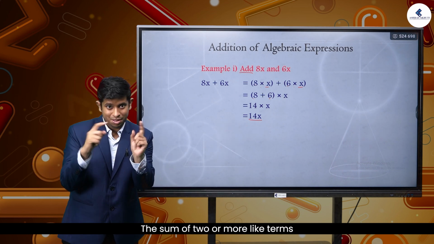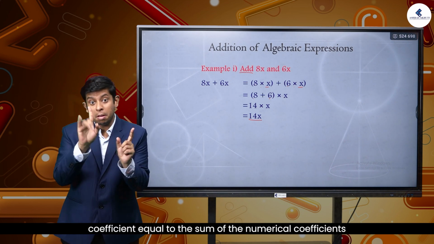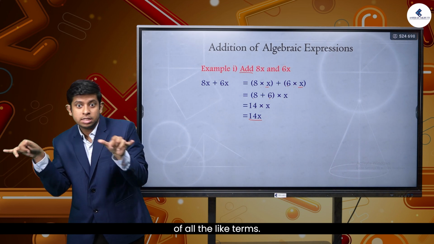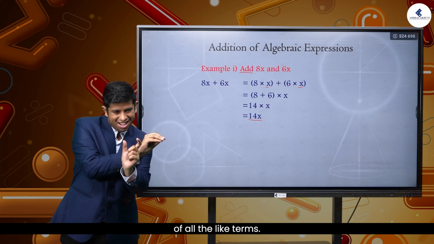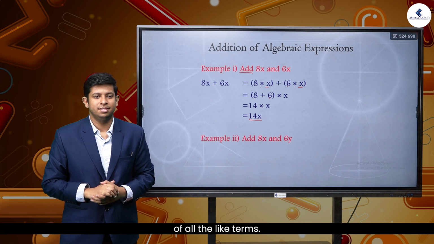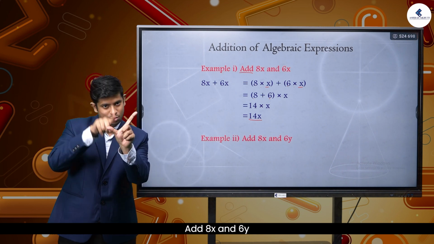The sum of two or more like terms is a like term with a numerical coefficient equal to the sum of the numerical coefficients of all the like terms. Example: add 8x and 6y.